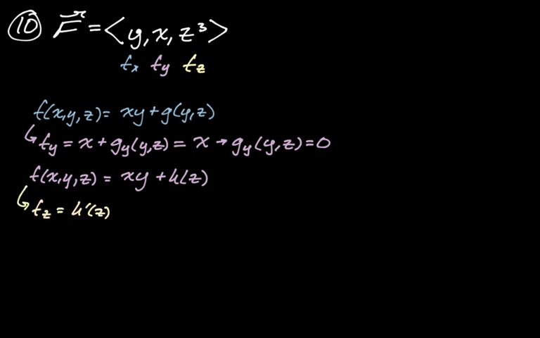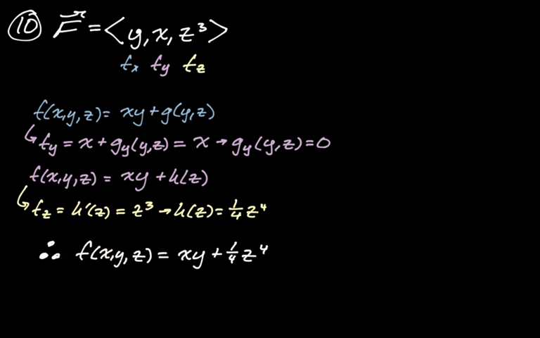Compare to partial z in our vector field, we don't know it's a gradient vector field yet, which is z cubed. If I integrate this with respect to z, I get 1/4 z to the 4th. Update what we think f is, and we have xy plus 1/4 z to the 4th. So this is a conservative vector field, and we found the potential function.